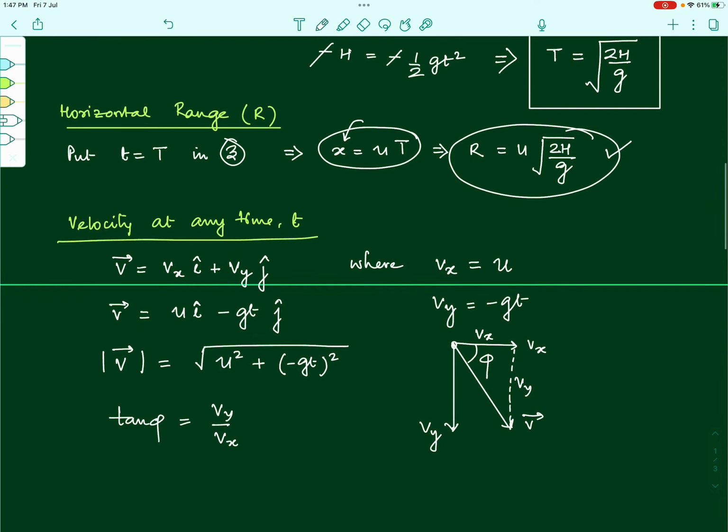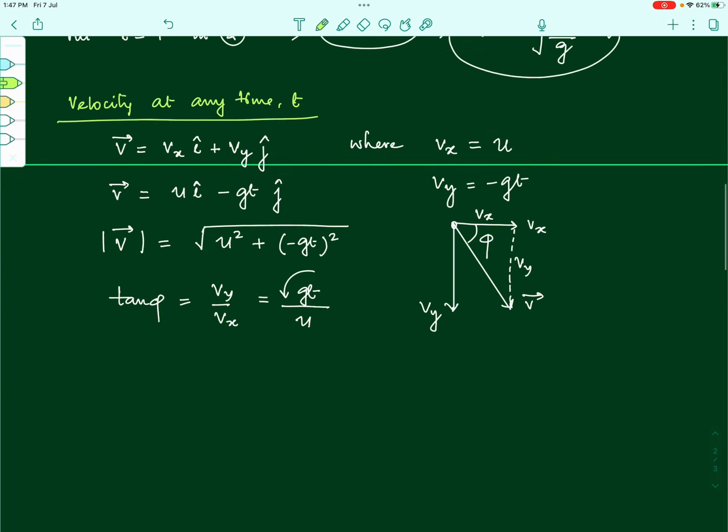So, we can substitute these values here. vy we know is gt and vx is u. I have omitted the minus sign here because we are already taking the angle phi below the horizontal axis, right. So the minus sign we do not have to put here anymore. That way we can get every information about the velocity of this projectile.